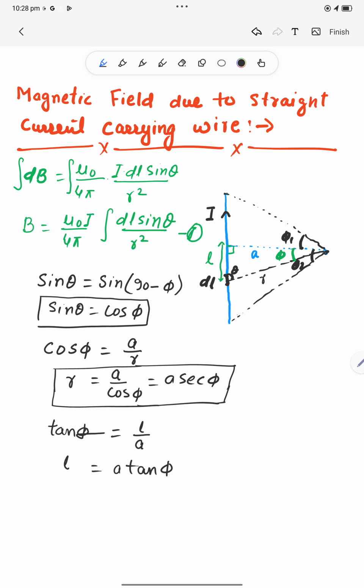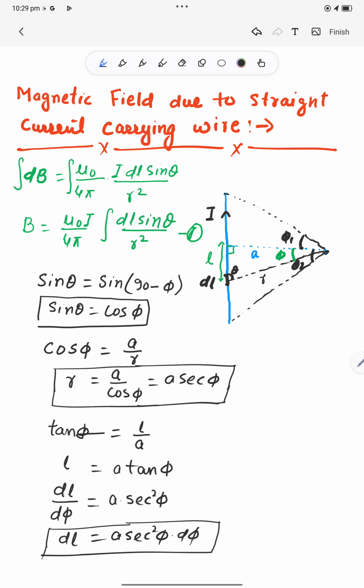When we differentiate this with respect to phi, dl by d phi is equal to a, which is constant, times the differentiation of tan phi, which is sec square phi. So dl is equal to a sec square phi into d phi.